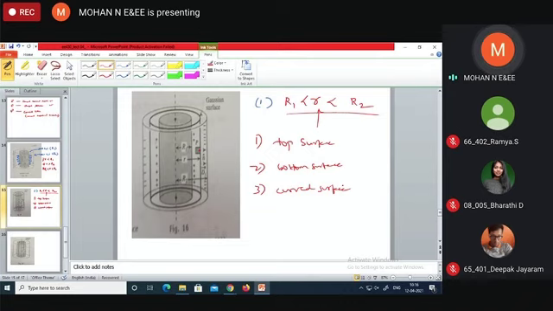Where can the flux pass through, and where can the flux not pass through? That's the next question. Any idea?